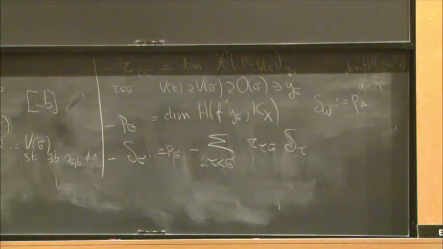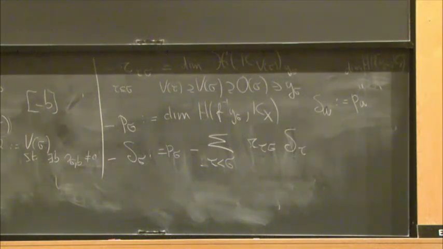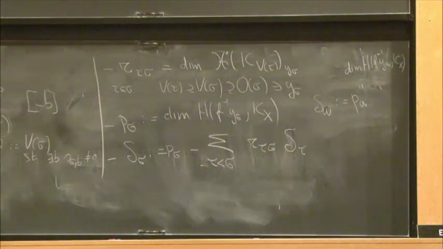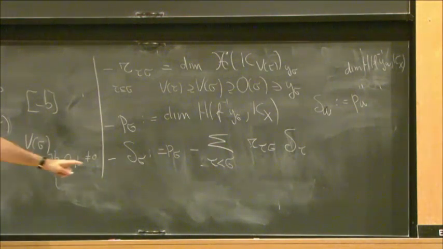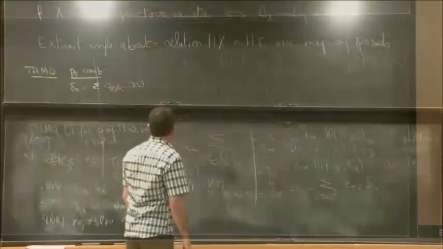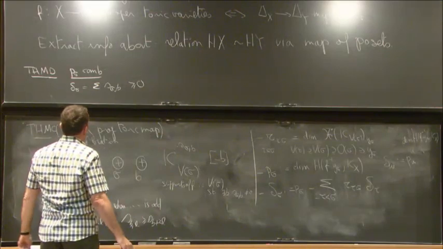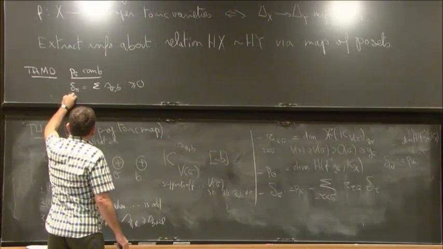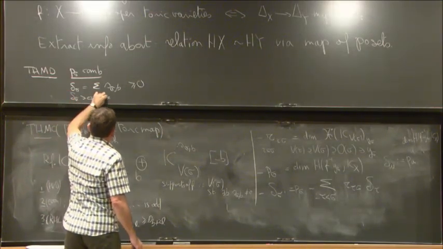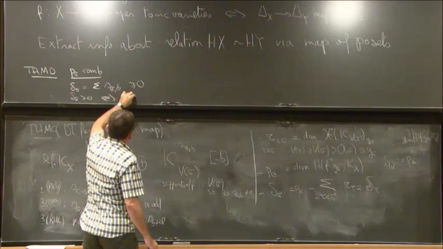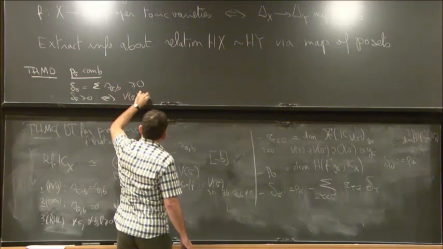Delta sigma equals the sum of the exponents in the decomposition theorem. So in particular, it's semi-positive, which was not clear from here. And second, delta sigma is positive if and only if b sigma is a support.